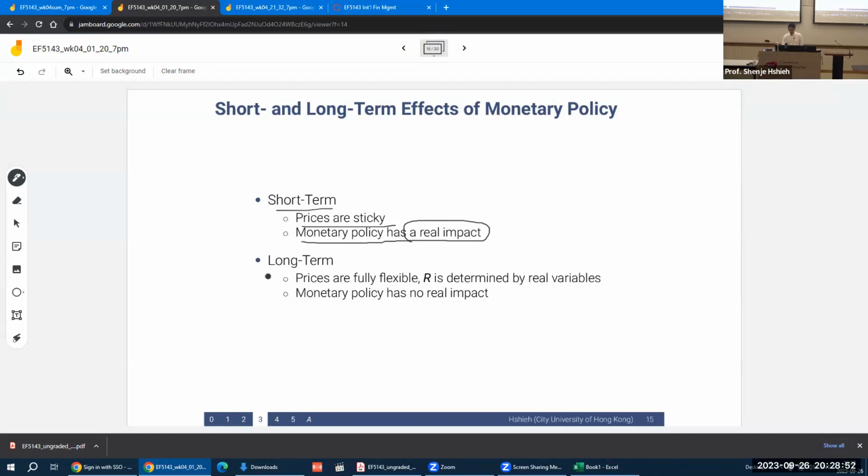Okay. Long term, we're going to assume prices are fully flexible, and therefore R is determined only by real variables. So that means, again, if I increase money supply, prices change, and actually the real money supply doesn't move at all, right? And I will show you that monetary policy has no real impact, assuming we have floating exchange rates.